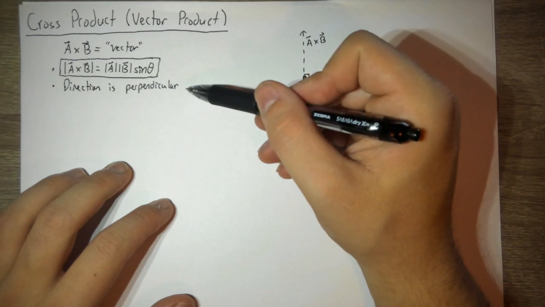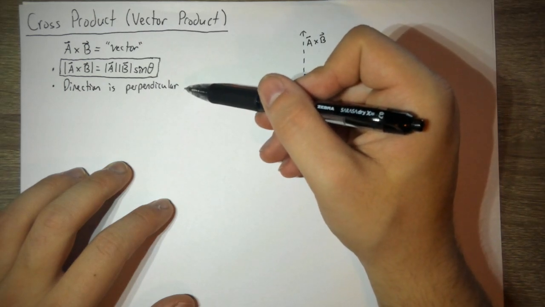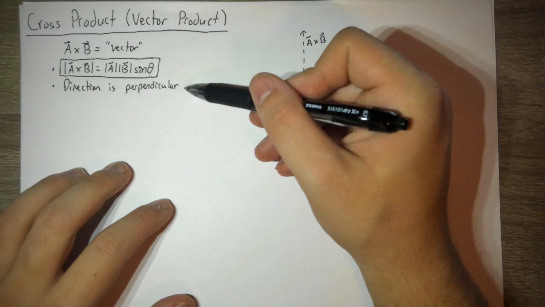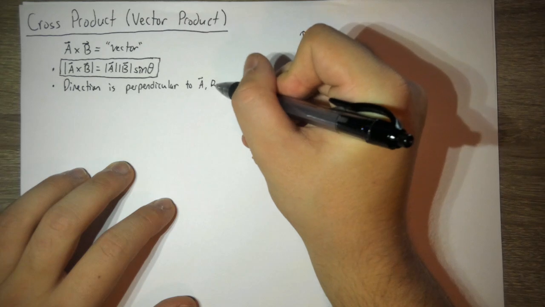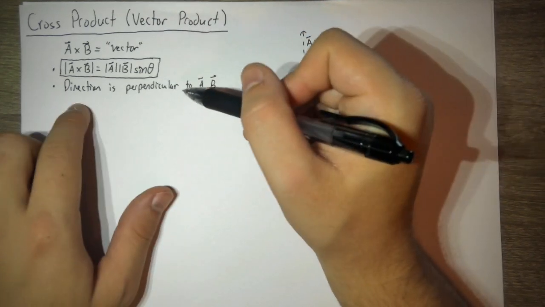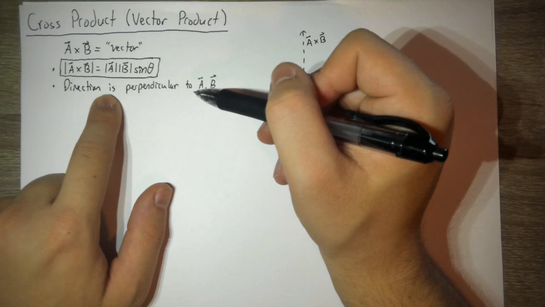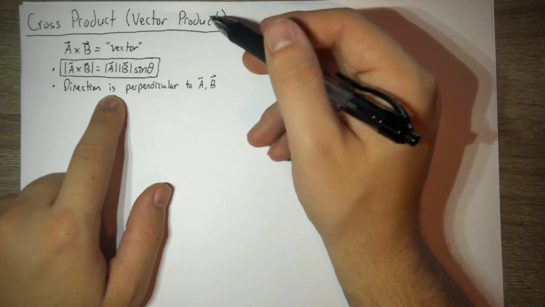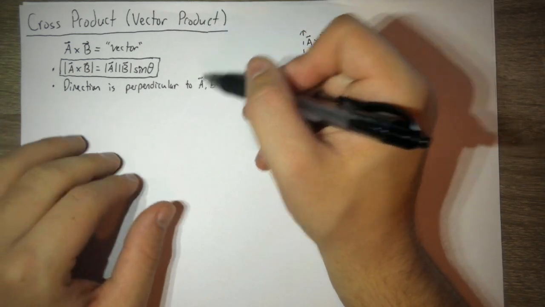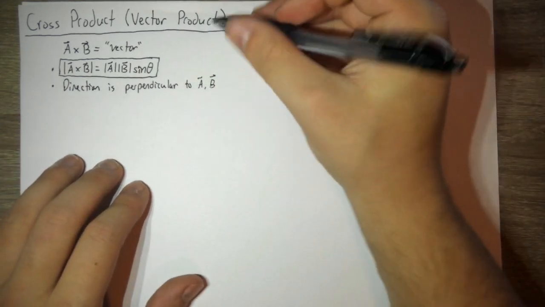And then by definition of the cross product, the direction of that vector is perpendicular to A and B. There's no way to really prove this direction mathematically. We just define the cross product as perpendicular, and that's just the way it's defined.